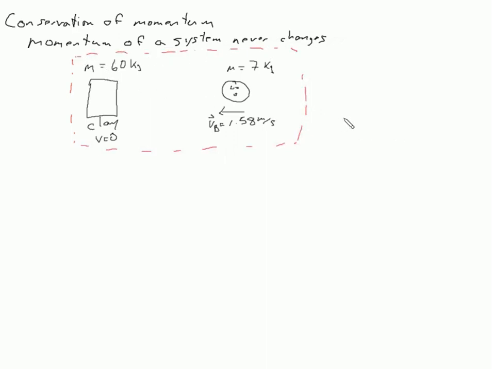And this time let's look at it in terms of what we call an inelastic collision. Hopefully you can see that if the bowling ball goes to this big block of clay, it's going to stick in the clay. So in an inelastic collision, the objects typically stick together.